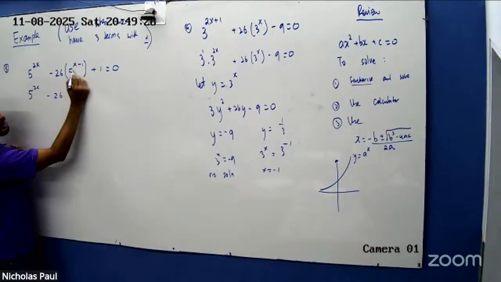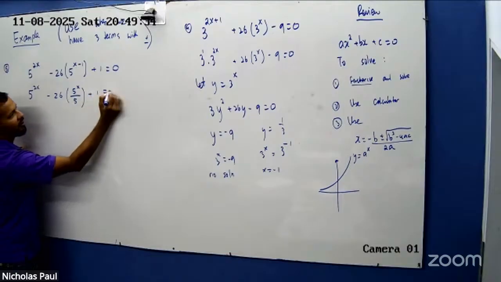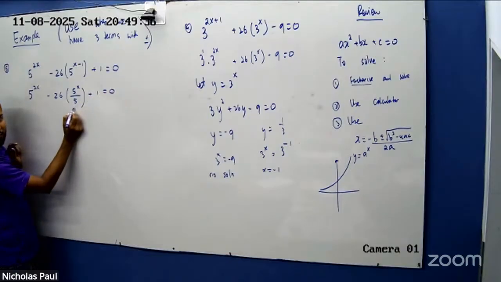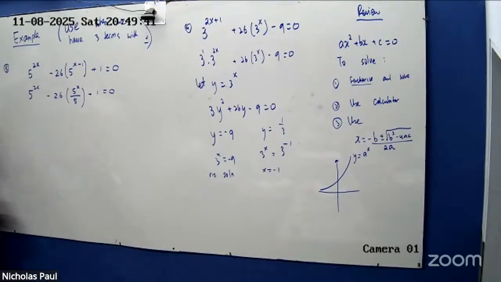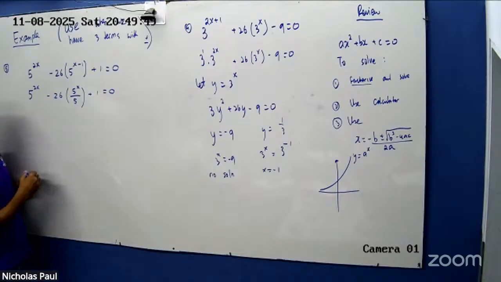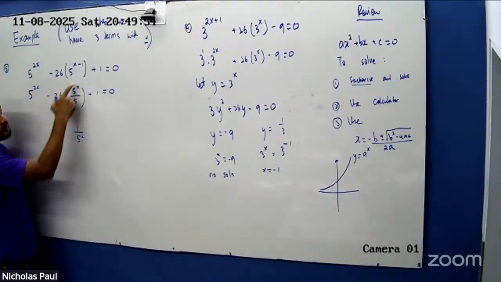But what does 5 to the x minus 1 mean? 5 to the x divided by 5. How do we get rid of the 5? Multiply throughout by 5. Why would it be 1 over 5x? Why wouldn't it be this?